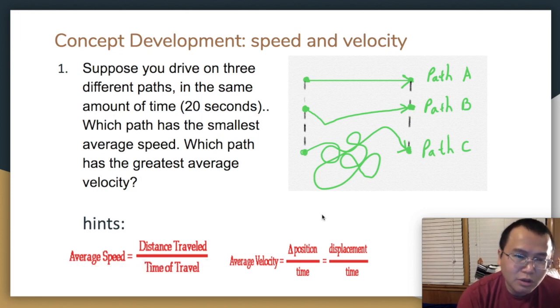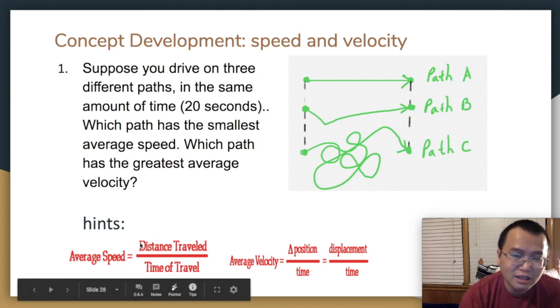So the first question is, which path has the smallest average speed? Again, it would be path A, because speed is distance divided by time. However, they are going to have the same average velocity, because velocity is not looking at distance, but rather at displacement, just from here to there.